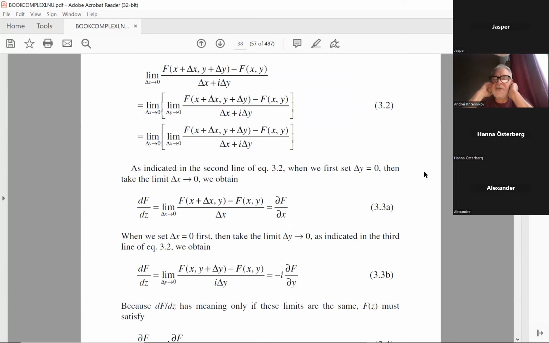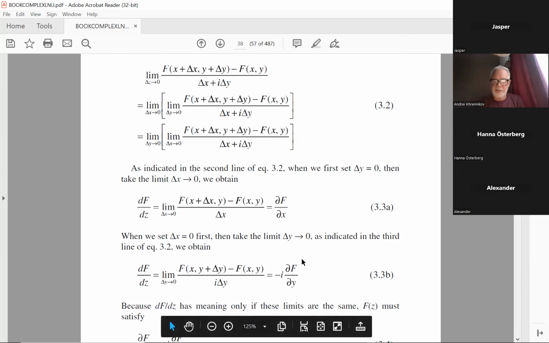When you started multivariate analysis, maybe you studied that when you studied partial derivatives, we go from this direction, and typically we consider from above, over the vertical line and over the horizontal line. We do the same. If we go this way, we get this, and if we go this way, we get this.